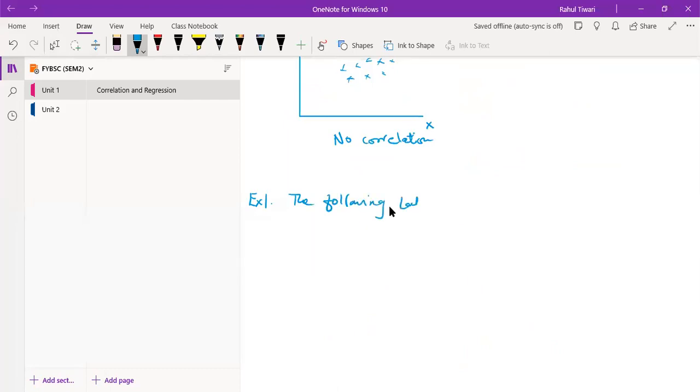The following table shows the number of lectures attended and marks obtained by 10 students.